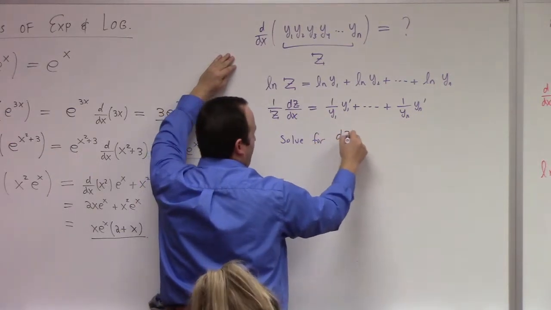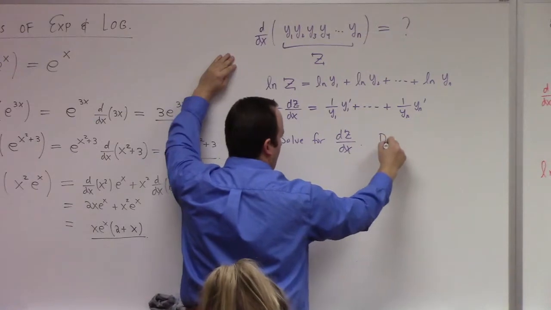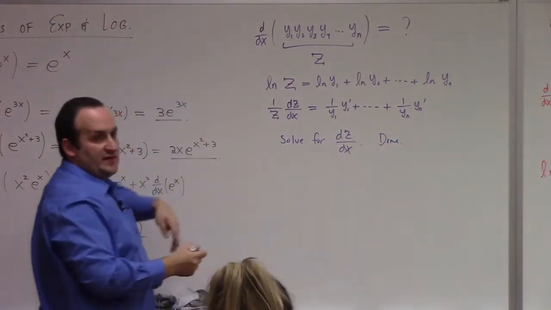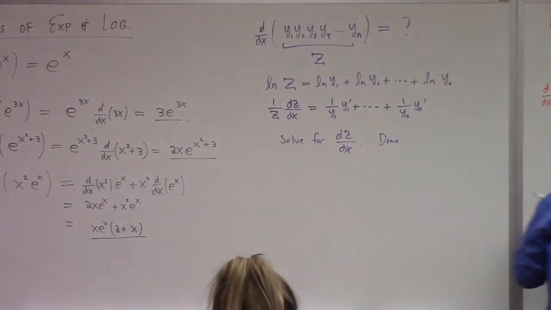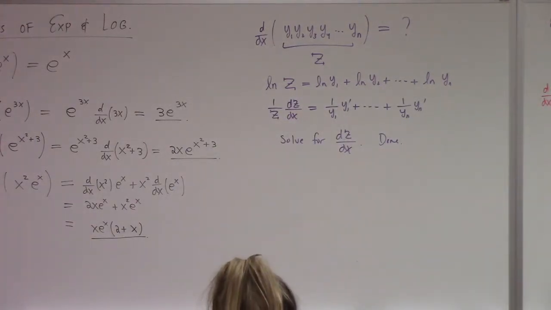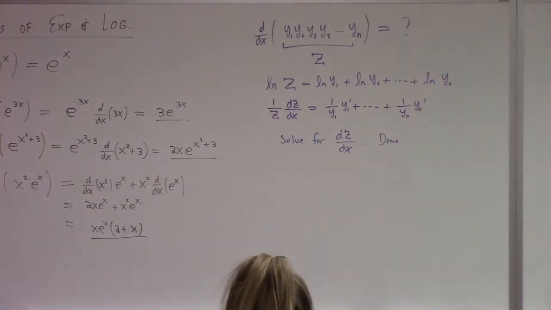This is the general pattern, okay? Done. This is logarithmic differentiation sketched. Now let me show you an example of it. The main idea here is that we can trade a product for a sum using the logarithm.